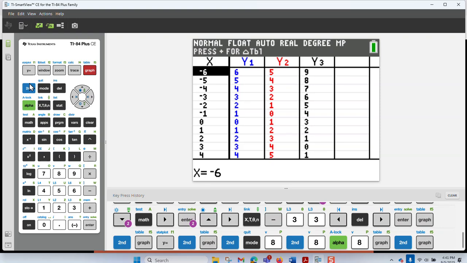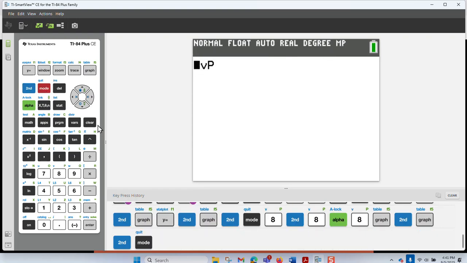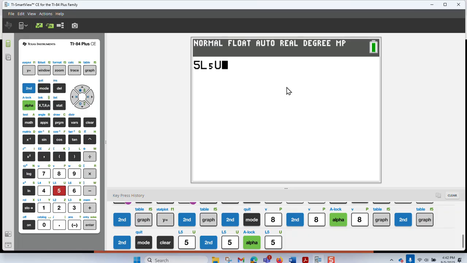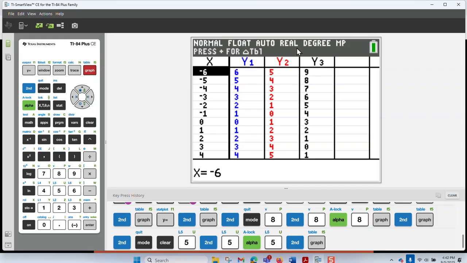Like I said, showing you one more time: if I hit 5, I got 5, right? And I hit second 5, I will get an L5, okay? And if I hit alpha 5, I got this green one, a U right here, okay? So that is how the calculator works. If you know this, it will be pretty straightforward, right? So if you hit second graph, you will get a table, all right?